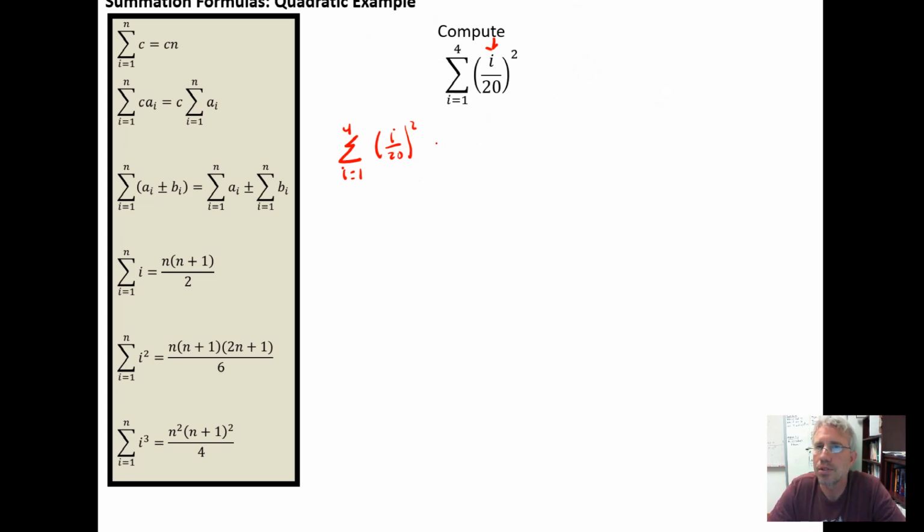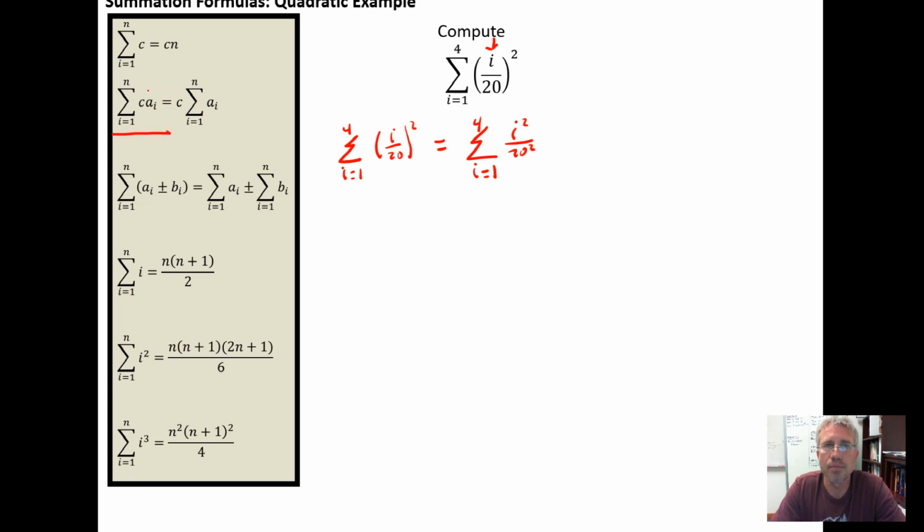So the first thing I want to recognize is that I can bring the squaring into each of the numerator and the denominator. So this can be rewritten as the sum from i equals 1 to 4 of i squared over 20 squared. And then I want to recognize that 1 over 20 squared is a constant.